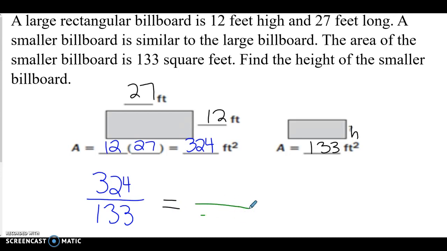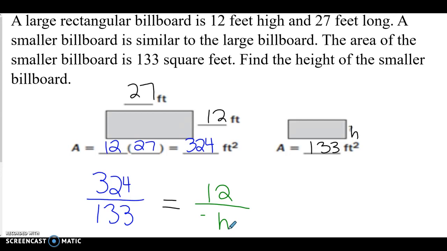We're looking for the side length ratio. So which is the corresponding side to each? 12. Does 12 go on top or bottom? Top, because it matches our 324. So 12 over H. But before we do anything, we need to think.